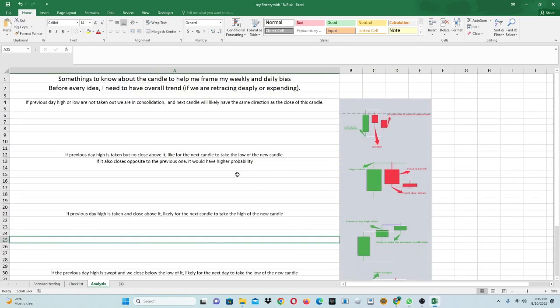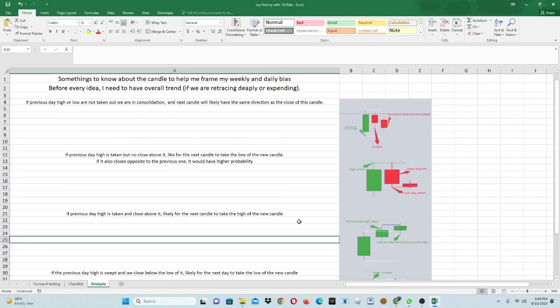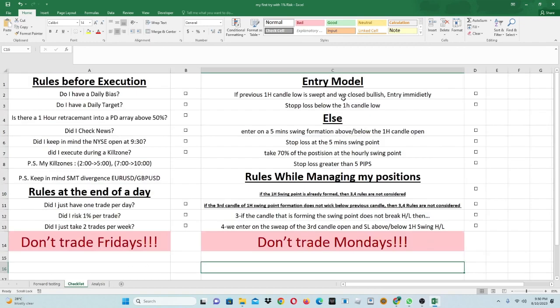We have different types of analysis to have a daily bias. I'm trying to focus a lot on this because this entry model is what I like. It has a high risk to reward ratio, nothing less than 1 to 3, and because I'm taking 2 trades per week, it's efficient.